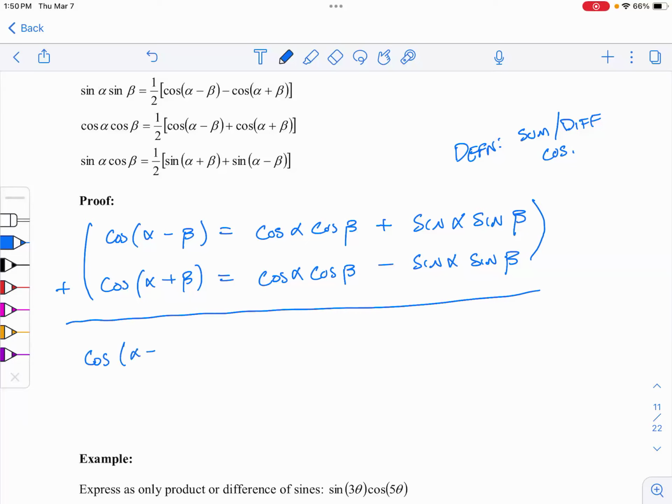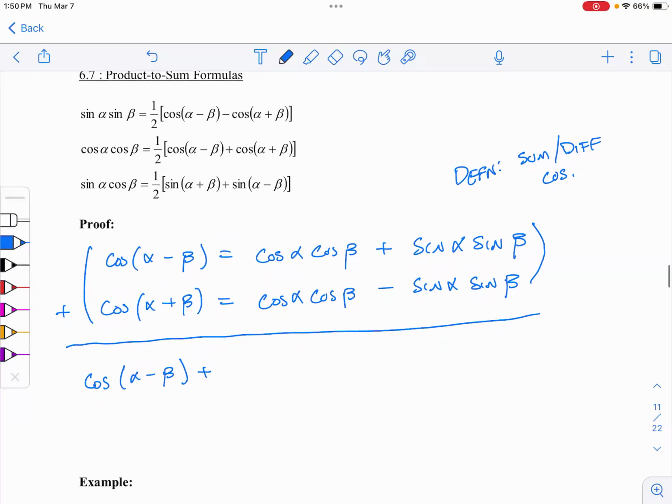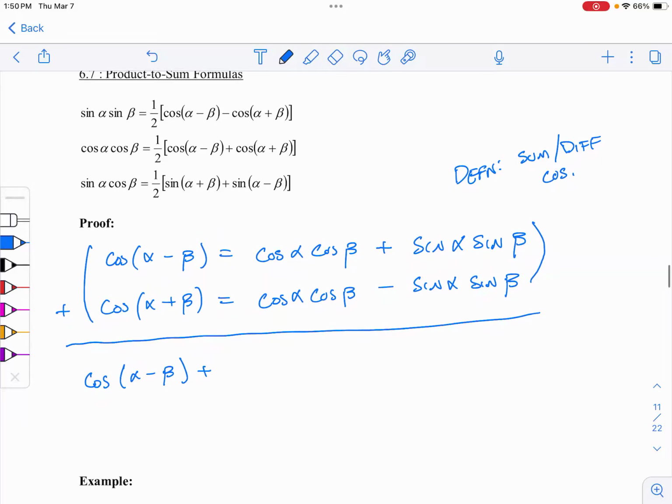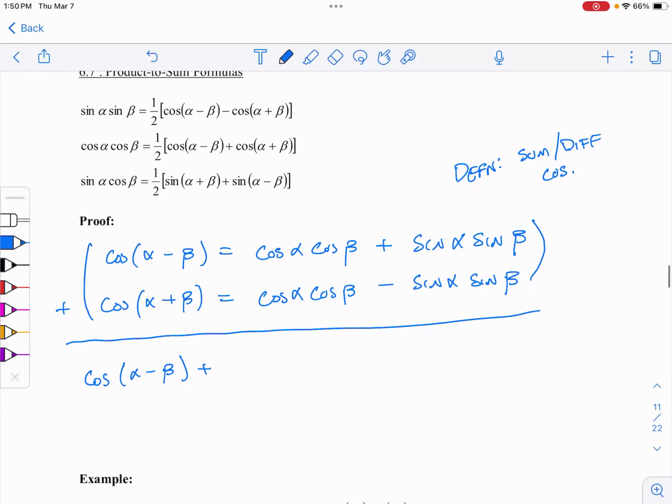On the left side, do I want to add these or subtract these? No, let's subtract them. Same thing. Add two equations, subtract two equations.